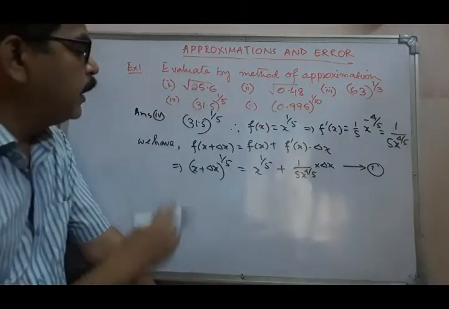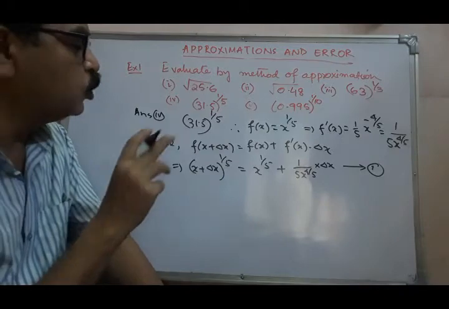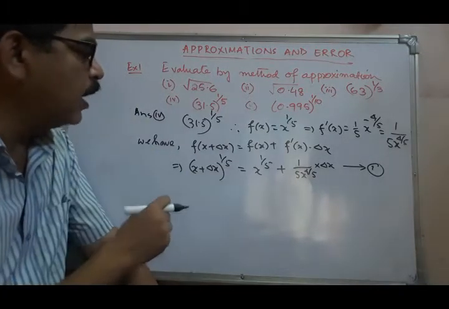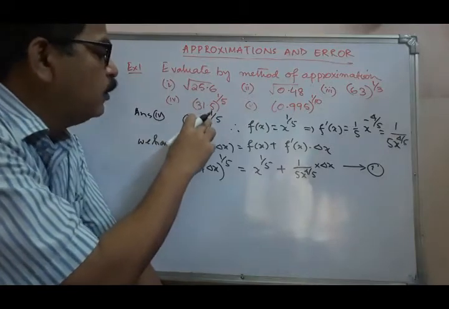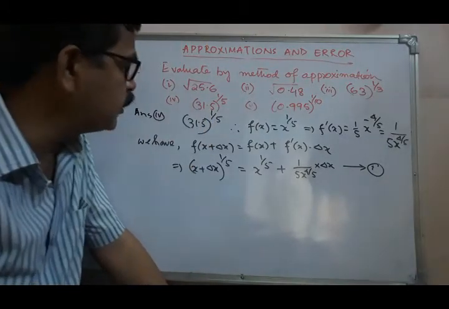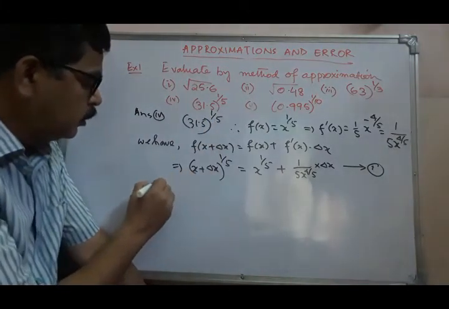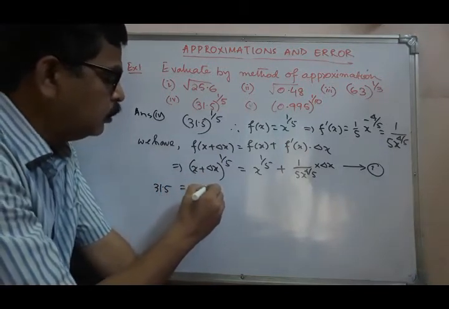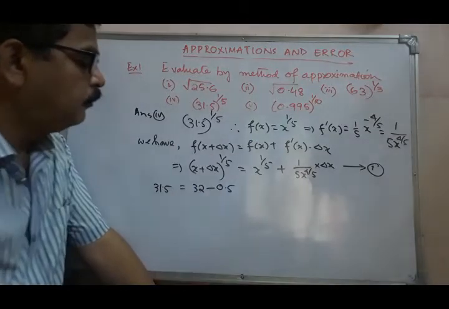Now we have to split 31.5 into two numbers so that one number has an exact 1/5 power value. So 31.5 can be written as 32 minus 0.5.